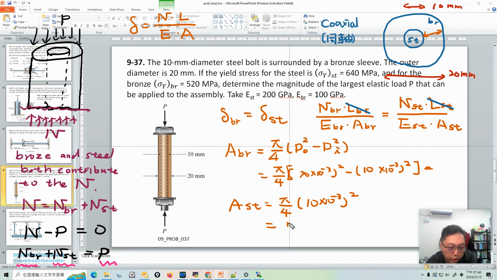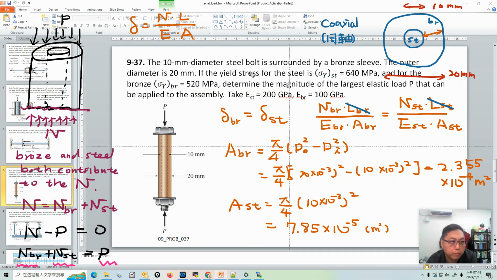If you calculate directly using your calculator, you will have this value. And what's the area for the bronze? 2.355 times 10 to the power minus 4 m squared. So we just calculate using this formula the area for the bronze part and the area for the steel part. So we keep this information.